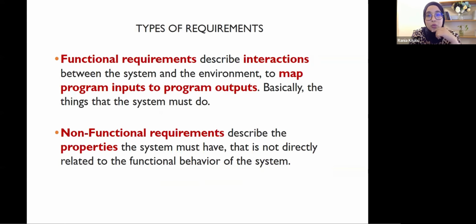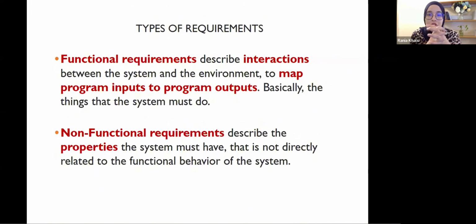To summarize, we have two types of requirements: functional and non-functional. Functional requirements try in general to describe the interaction between the system and the environment, the program's inputs and outputs. Basically, they are the things that the system must do, as I was discussing with the library management problem, for example.